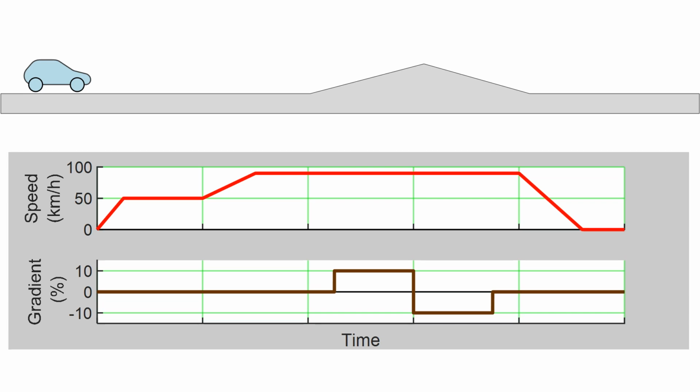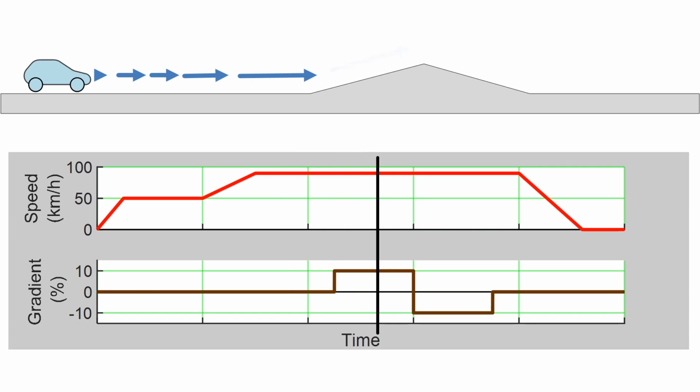powertrain should be controlled. Now we will show how you can read from a driving cycle what the vehicle is doing step by step. Initially, the vehicle is at standstill. Then it accelerates up to 50 kilometers per hour, keeps that speed for a while, then it accelerates further up to 90 kilometers per hour.